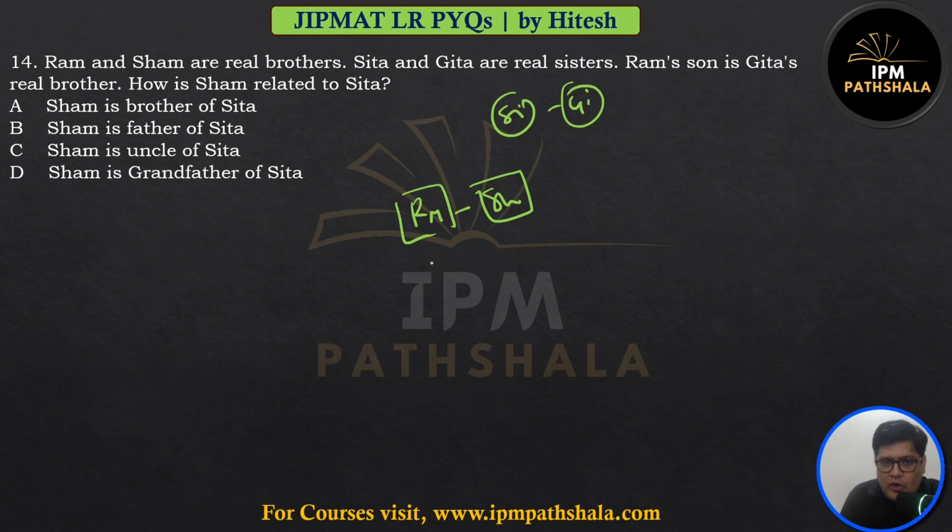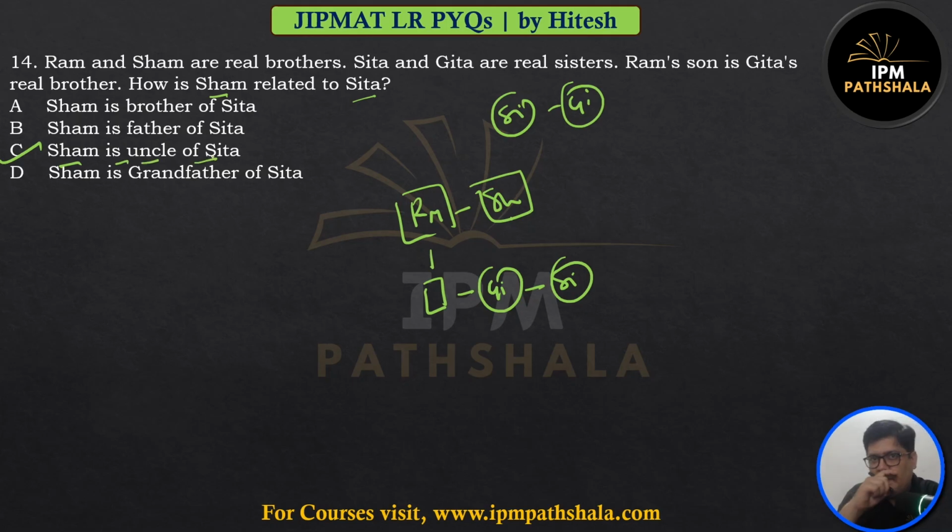Ram's son. So Ram has a son. That son is brother of Geeta. So that son is also brother of Sita. The question is, how is Sham related to Sita? So Sham is the uncle of Sita.